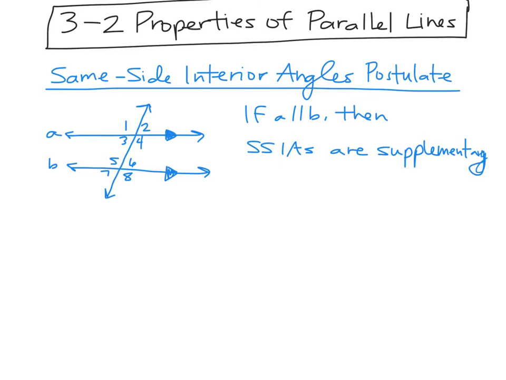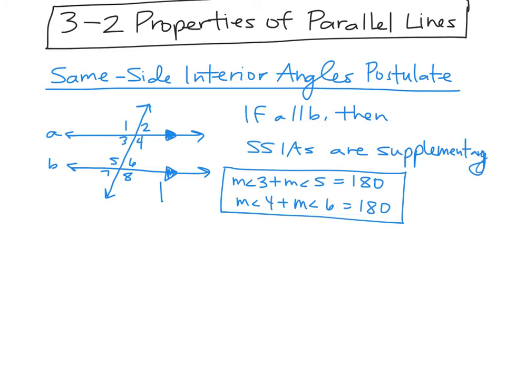So I could say the measure of angle 3 plus the measure of angle 5 equals 180. And I could say the measure of angle 4 plus the measure of angle 6 equals 180, okay? So this is true if the lines are parallel. If A is parallel to B, then same side interiors are supplementary.